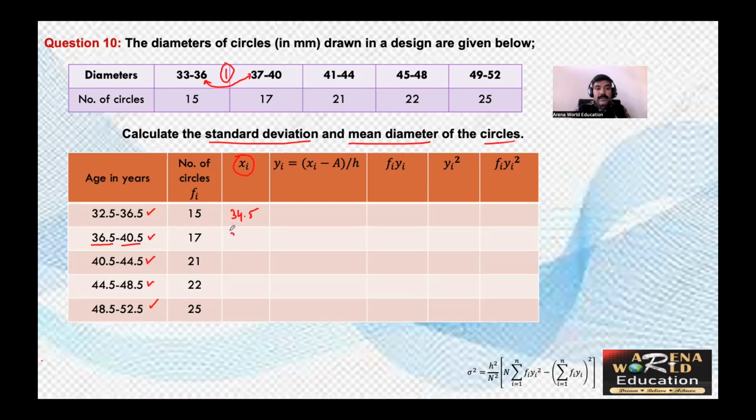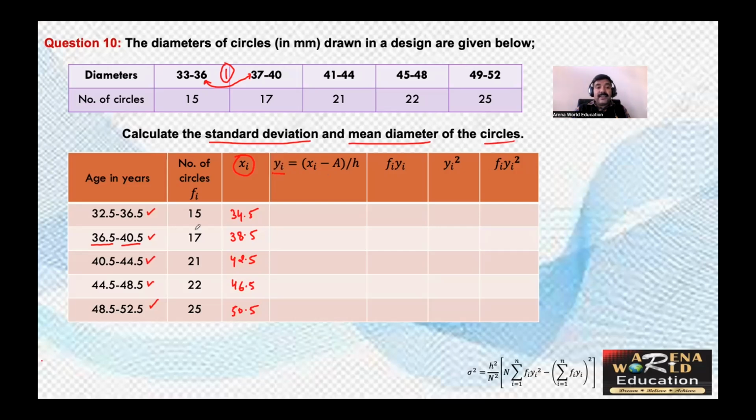So this will equal to 38.5. 40.5 plus 44.5 divided by 2, this will be equal to 42.5. Now you can see the difference is of 4. So now directly you can write remaining 2 XIs. So they will be 46.5 and 50.5.